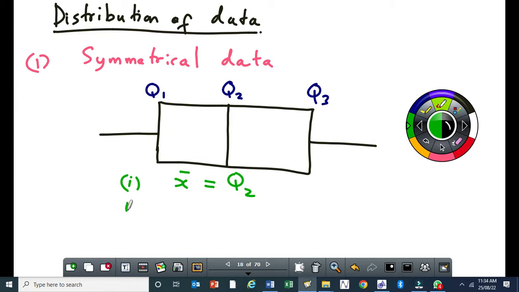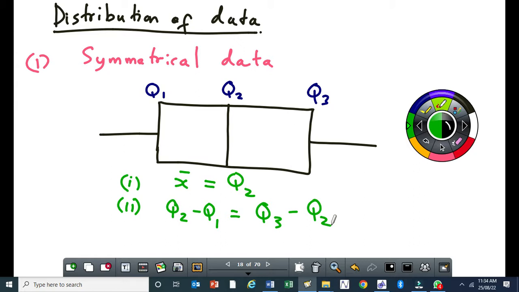Also, we can explain it in terms of the distance between the quartiles. So, Q2 minus Q1 will also be equal to Q3 minus Q2. What this means is the distance on the box and whisker between the median and the lower quartile will be equivalent to the distance between the upper quartile and the median.